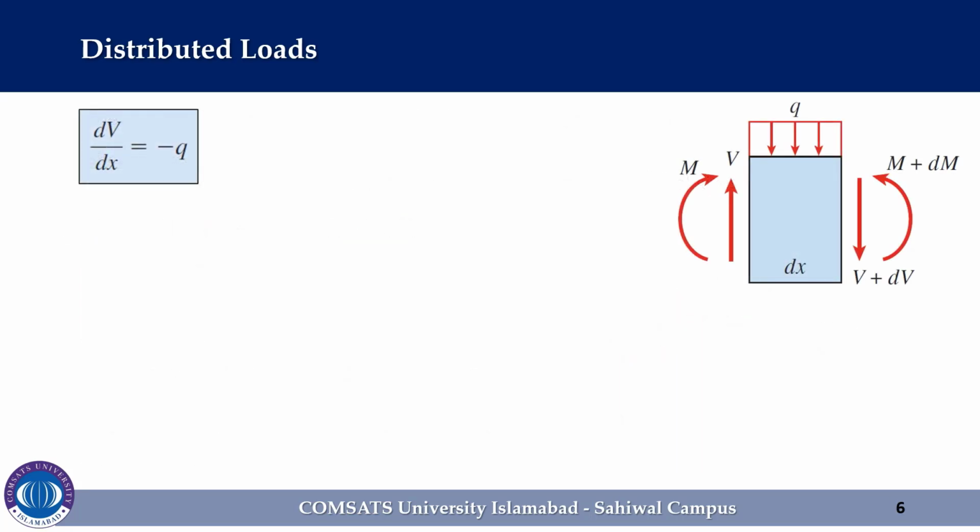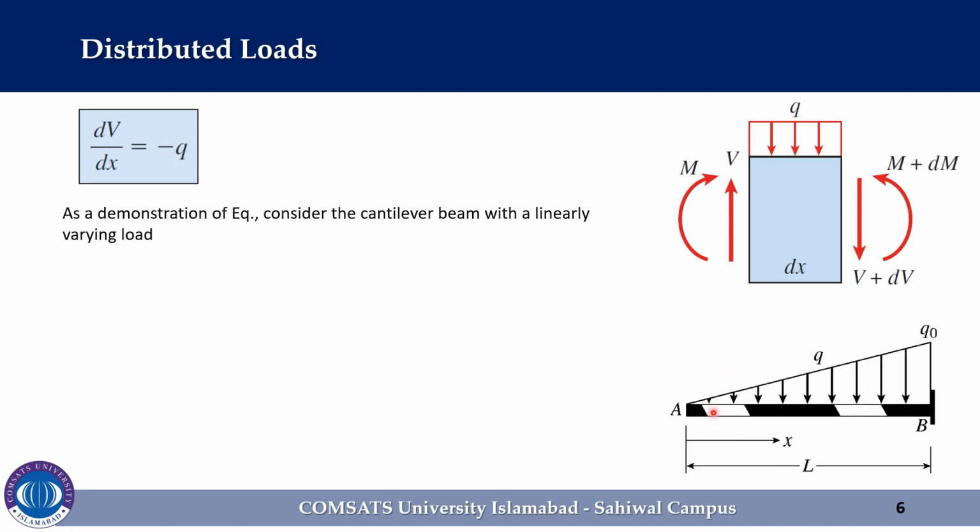As a demonstration of this equation, consider a cantilever beam with a linearly varying load as shown in the figure here. The load on the beam can be expressed as q is equal to q naught x over L, which is positive because it acts downward. Also, the shear force expression can be written as minus q naught x squared over 2L. We studied these expressions in detail in previous lectures, and anyone with basic knowledge of beams can derive them easily.